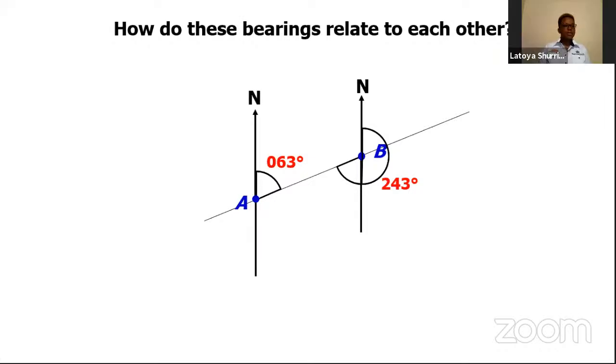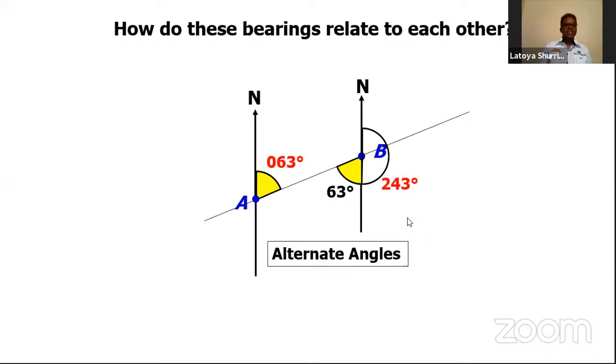All right. Okay. Seeing some responses coming in. Love that. All right, let's see. What's happening, Miss? I don't remember who said Z angles, but the formal name for the Z angles are alternate angles.